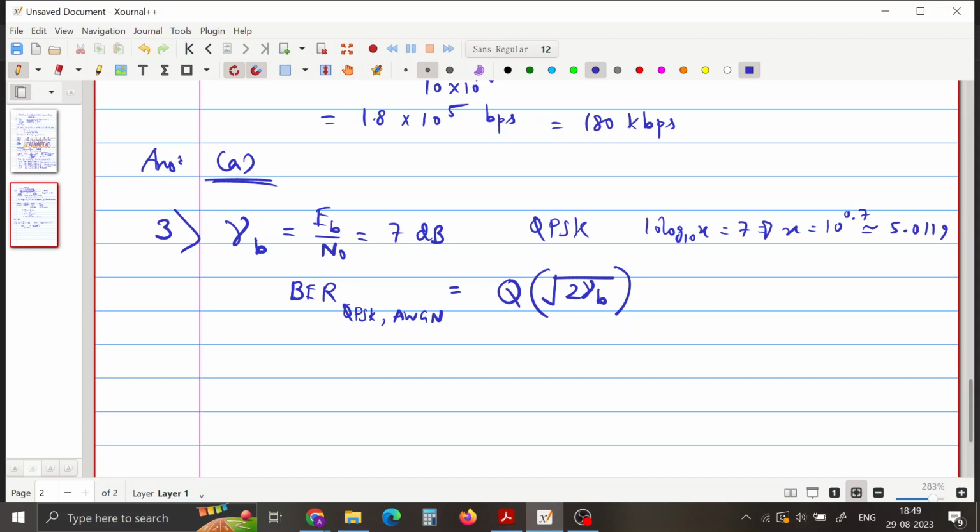If you put it here, that's Q of square root of twice 5.0119, which is approximately Q of 3.1666, and that is approximately 7.7 into 10 to the power minus 4.